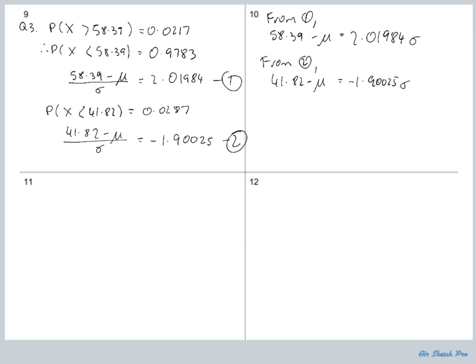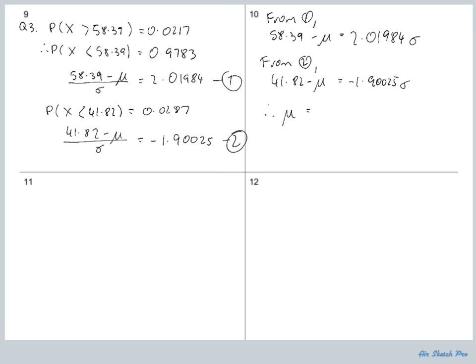So my LinSolve is going to be 58.39 minus x equals 2.01984y, tab, and then I'm going to have 41.82 minus x equals negative 1.90025y, and then I'm going to press enter, and then I'm given my coordinates there as 49.8 or 49.9 and 4.23.